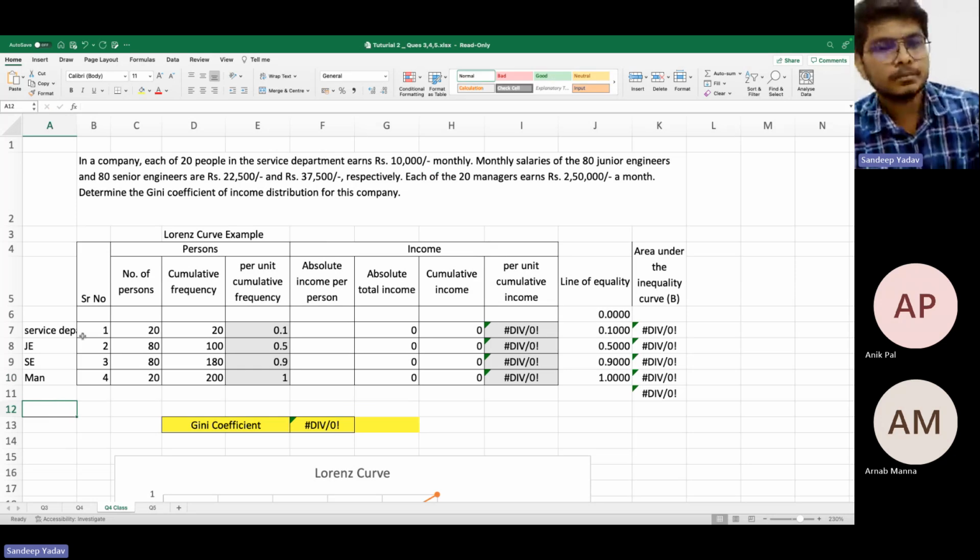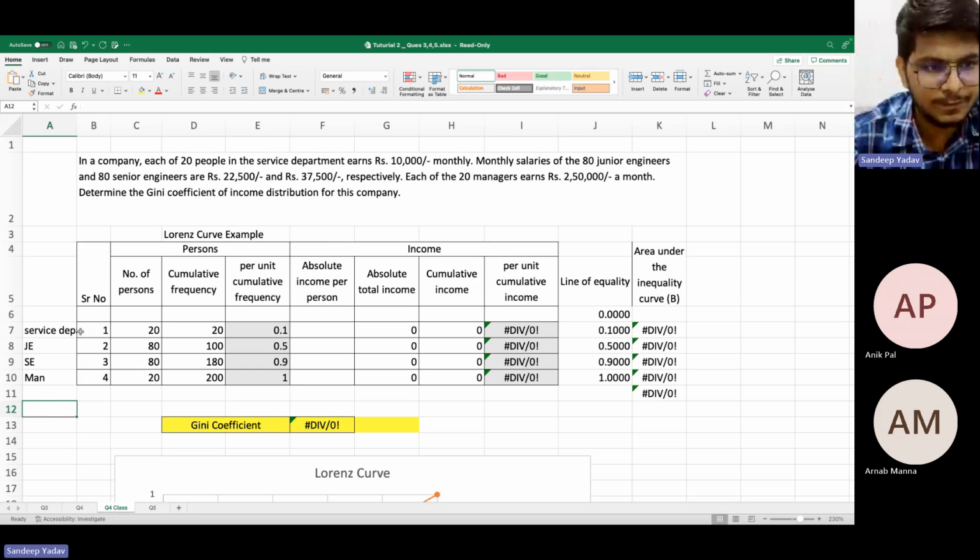Now we have given the serial numbers to them. Now we have given the number of persons: 20 in the service department, 80 junior engineers, 80 senior engineers, and 20 managers.